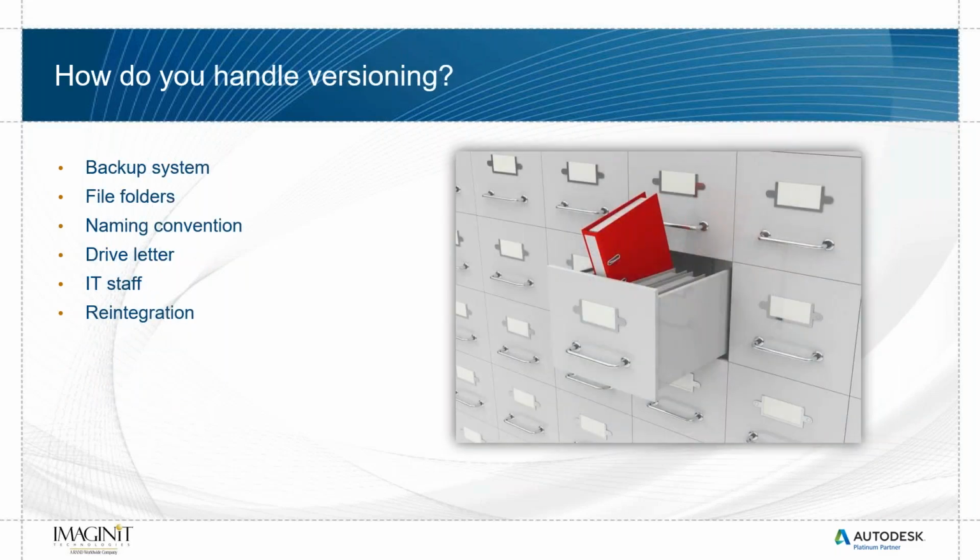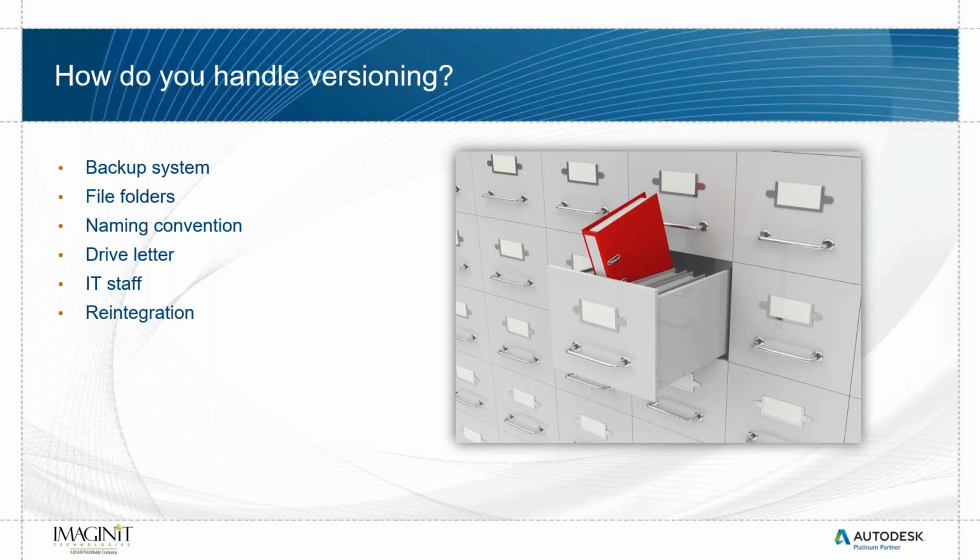We talked a little bit about versioning at the beginning, of trying to find the latest and greatest, and think about how you handle versions. For the purposes of this, we'll say a version is anytime a drawing or really a file gets modified. So I open up a drawing, I do something to it, and I close it. For the purposes of this, that's a version, right? How do we handle that?